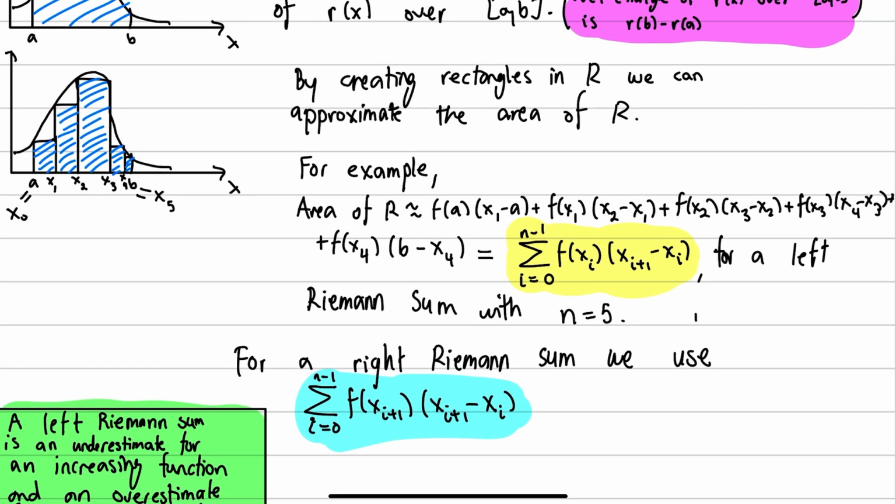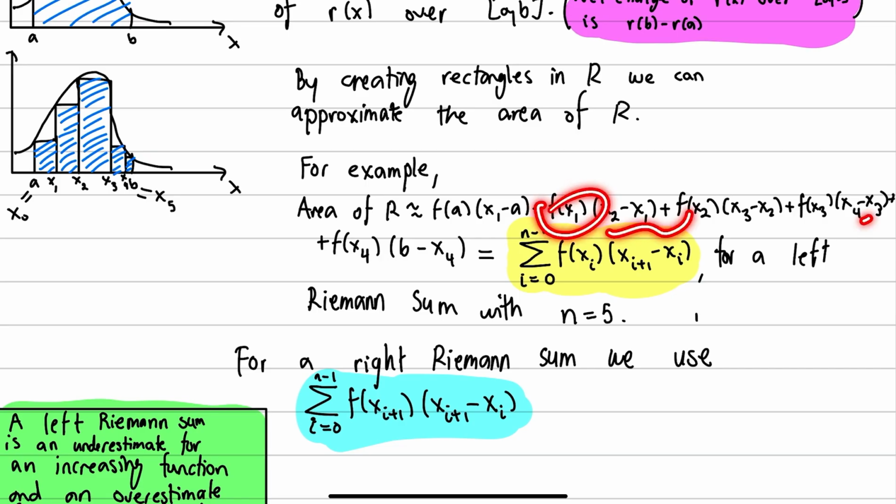Well, we'll start by approximating this change by creating rectangles. For example, if we have x naught, x1, x2, x3, x4, x5 as our partition, then the area is f of x naught times x1 minus x naught, plus f of x1 and so on and so forth, adding them up.